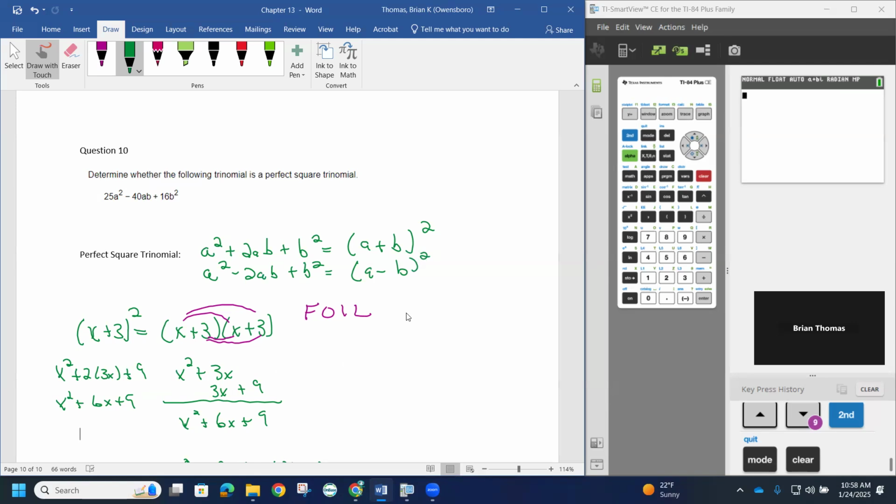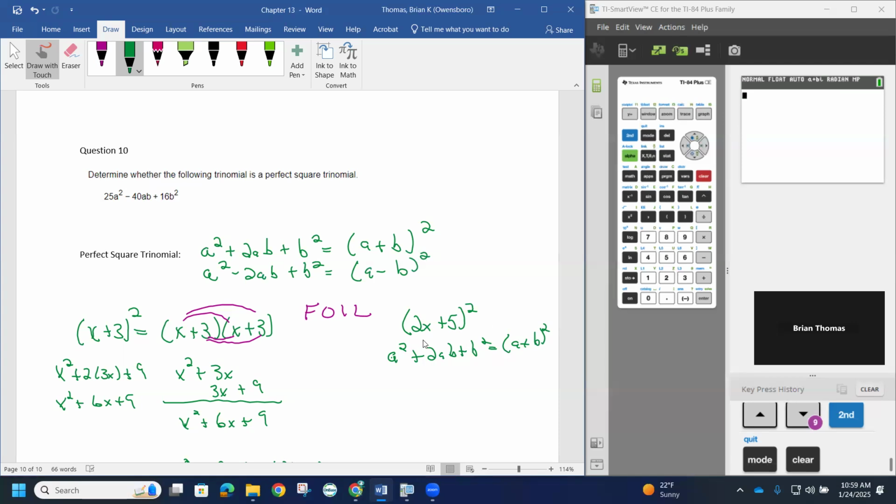So if I do another one, if I gave you, say, (2x plus 5) squared, notice we don't really have to use FOIL. We can actually recognize there's a pattern to it. The pattern is this formula: a squared plus 2ab plus b squared is going to equal (a plus b) squared. So that's how we have this (a plus b) squared.